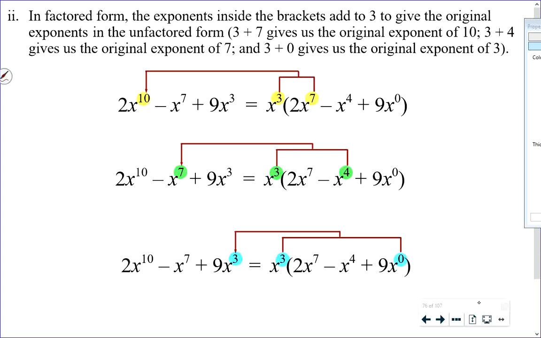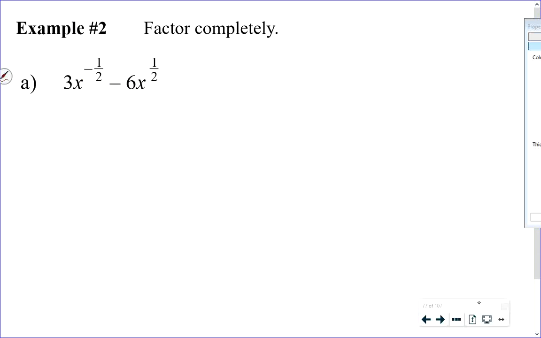In fact, you're probably a little bit more confused now than you were when you were just asked to factor it. That's fine. But how do you factor this then if I don't explain all that to you?